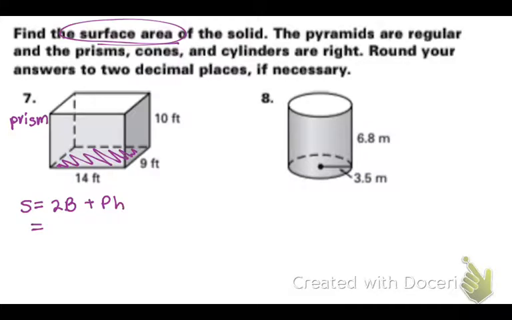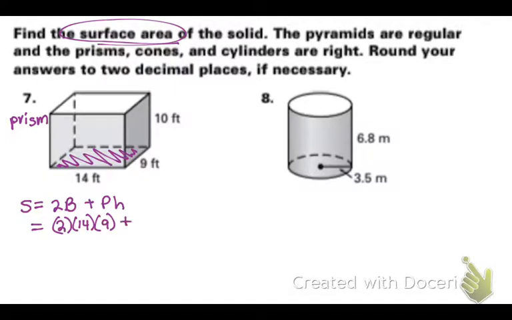So the area of our base is 9 times 14, which is 252. No, 2 times 14 times 9, I'll write that out, 2 times 14 times 9 plus the perimeter.